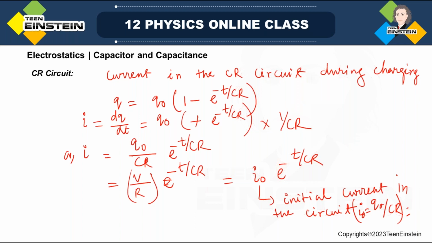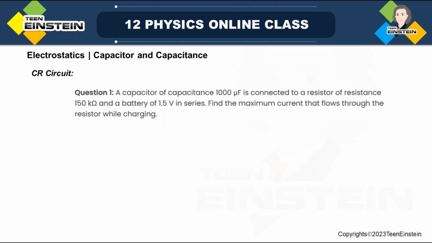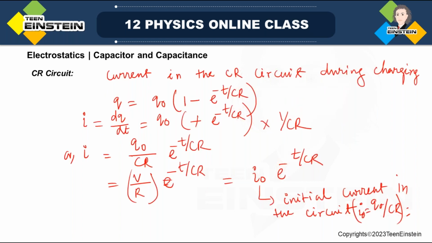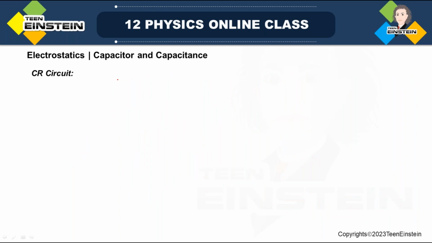So how is the current varying? The current is exponentially decreasing. I hope you have understood this derivation. I am erasing the derivation and writing just the expression of the current in the CR circuit while charging.